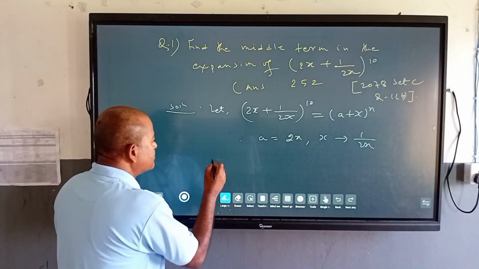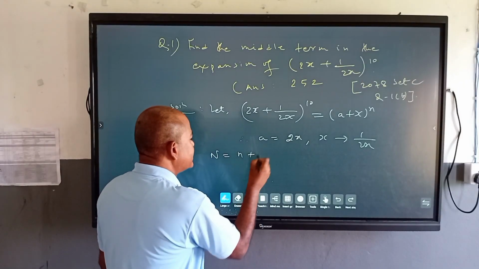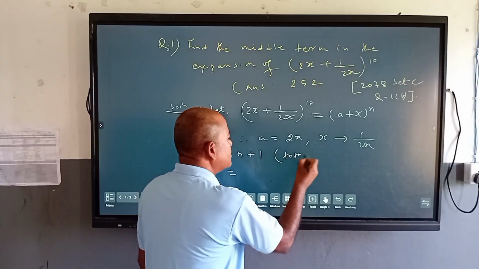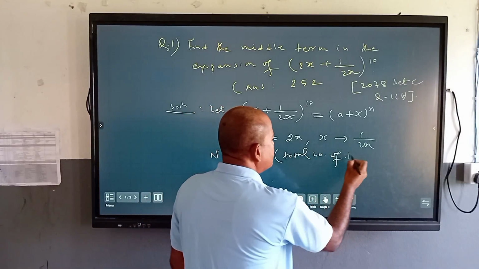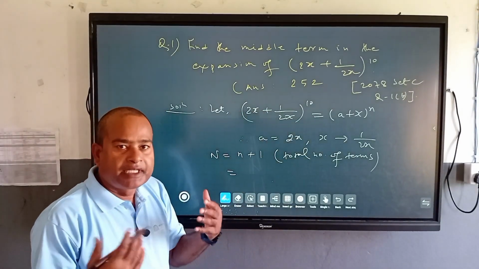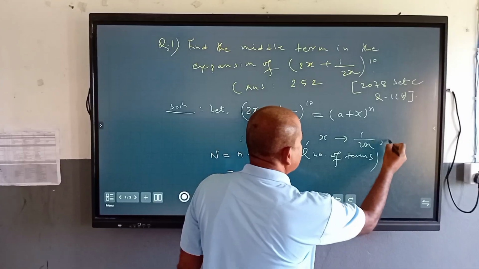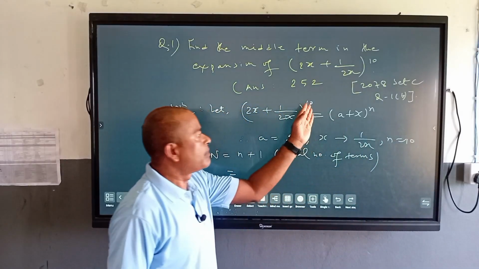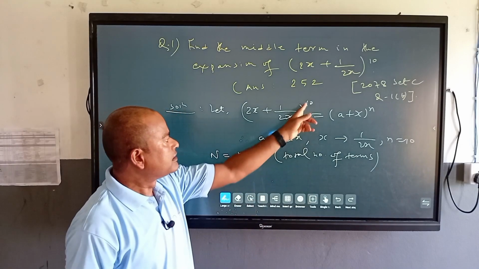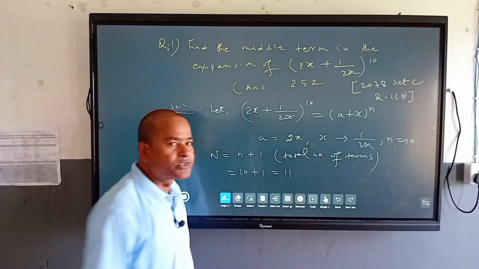The total number of terms is denoted by capital N. So N is equal to n plus 1. Here n means 10, the power of the given binomial expression. If we put n equals 10, then we get 10 plus 1 equals 11.